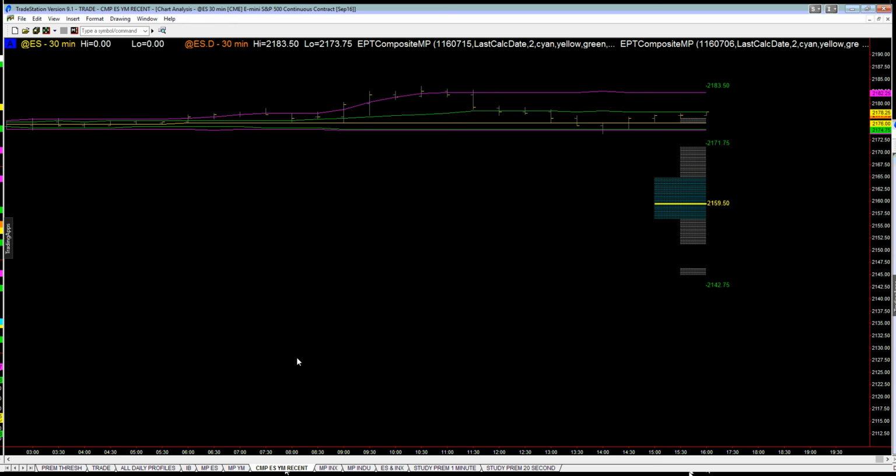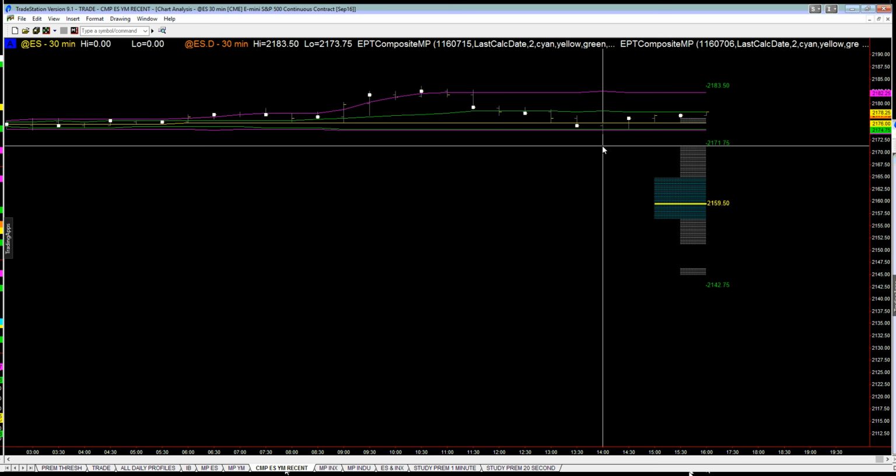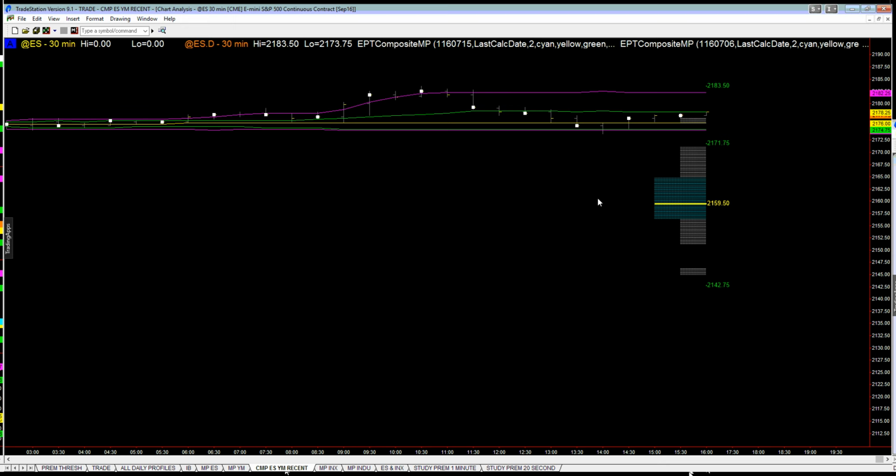So that's a nice 6-point drop, and you could have seen that the low value area was quite a bit lower than that. So consequently, an easy 6-point move, if not more, just by looking at the premium and having some market profile data, could have really cleaned up on that particular move without any problem at all.